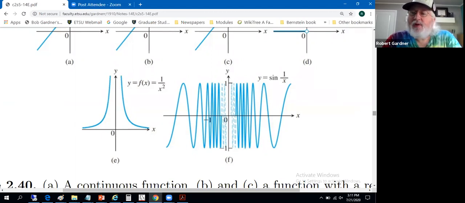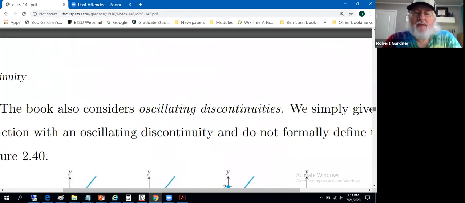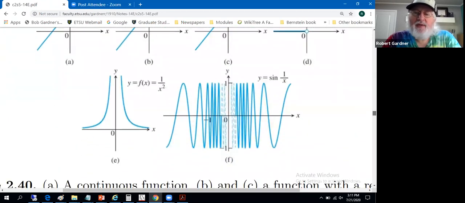And this is what the book called an oscillating discontinuity. They're taking the sine of 1 over x. What's going to happen when x gets close to 0 is this 1 over x thing starts getting really big. Think of x moving along the positive x-axis towards 0. This sine function is going to take the reciprocal of those x values and see that 1 over x getting huge.